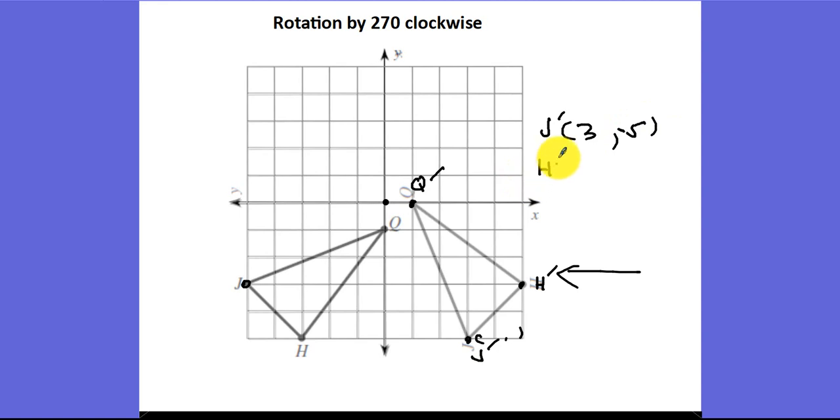Your H prime is now located here, and the coordinates will be 1, 2, 3, 4, 5 for your x, and then 1, 2, 3, negative 3 for your y. And then for your Q prime, 1 to the right, that's positive 1. Now we didn't go up, we didn't go down, therefore the y coordinate should be equal to 0.